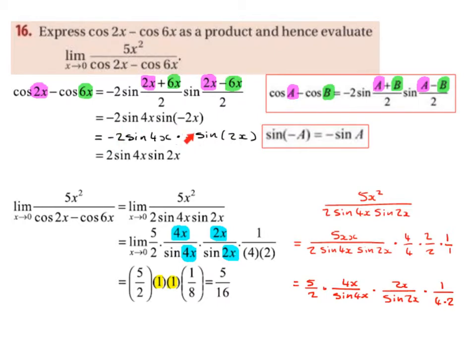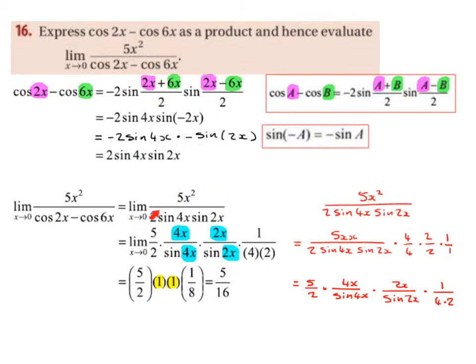So minus 2 by minus 1 is positive 2. And then sine 4x multiplied by sine 2x, we just stick them together. So we have 2 sine 4x sine 2x. So now we have the limit of 5x squared over cos 2x minus cos 6x as x approaches 0, becoming the limit of 5x squared over 2 sine 4x sine 2x as x approaches 0.